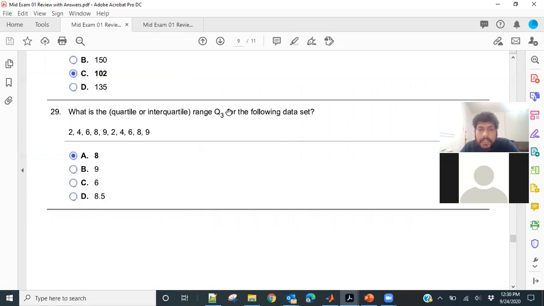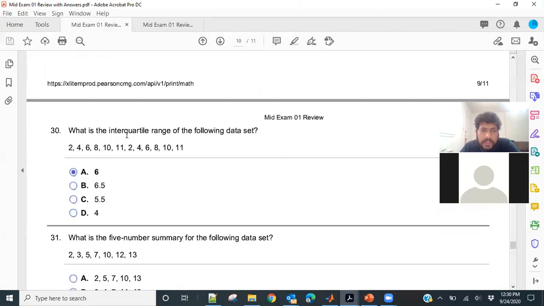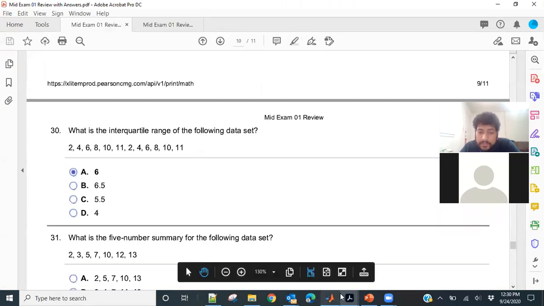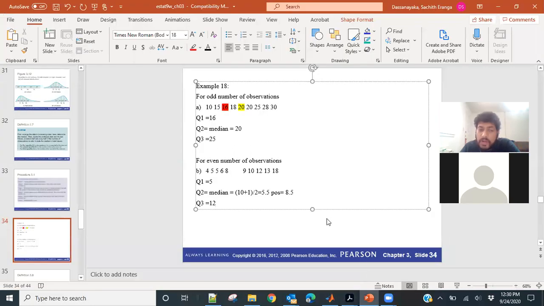Here you have to find Q3. So order this, type this data set into an ordered list, then find it. Interquartile range means the difference between Q3 and Q1.